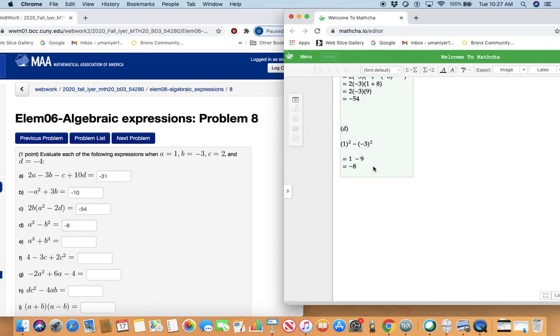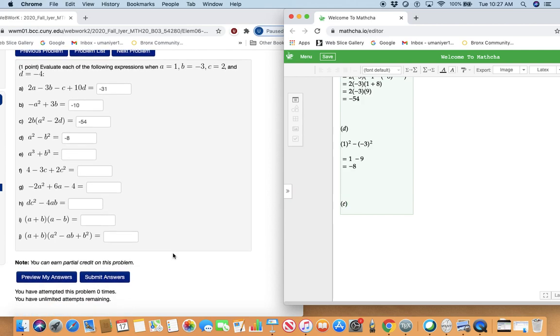Next question. A cubed plus b cubed, something power 3 plus something power 3. A is 1 and b is negative 3. 1 power 3 is 1 plus negative 3 power 3.